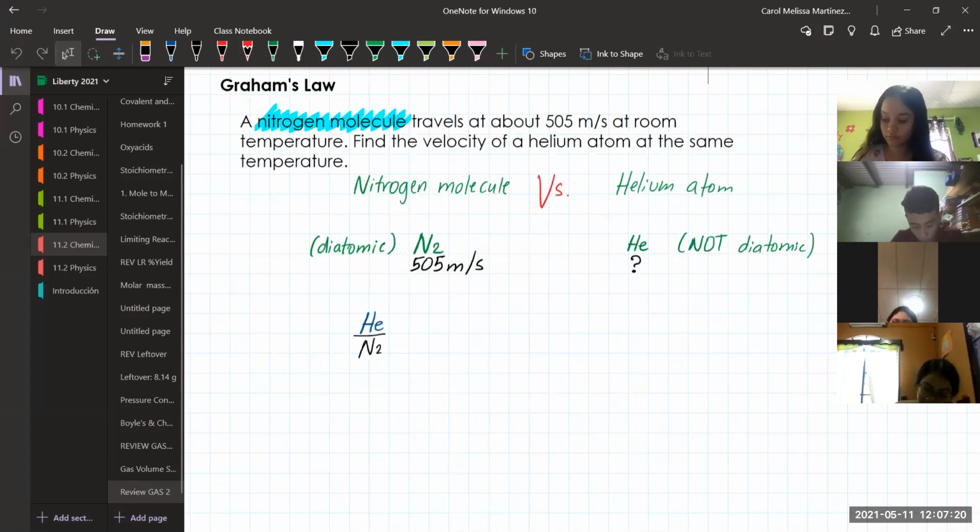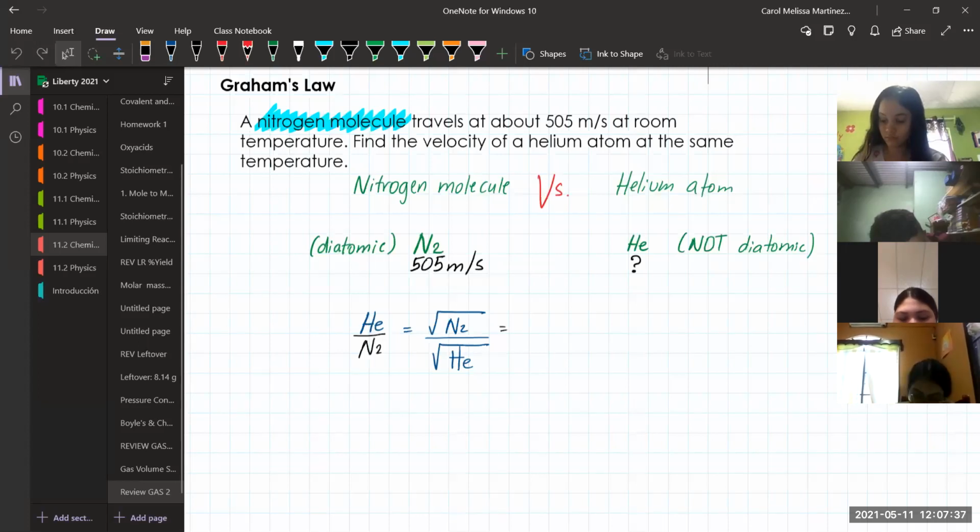Okay, now take a look. This is going to be equal to the square root of nitrogen's atomic mass divided by the square root of helium's atomic mass. Okay, for nitrogen as a diatomic molecule is going to be the square root of 2 atoms of nitrogen divided by the square root of 1 atom of helium.